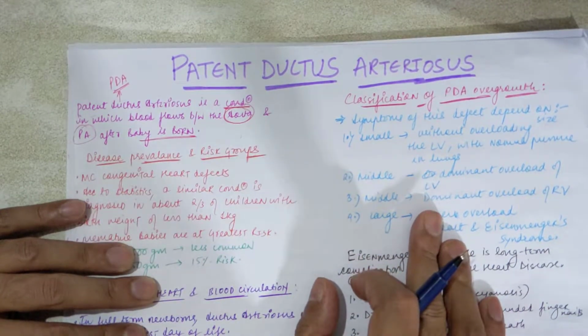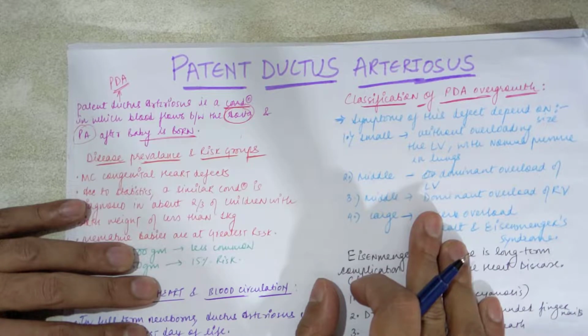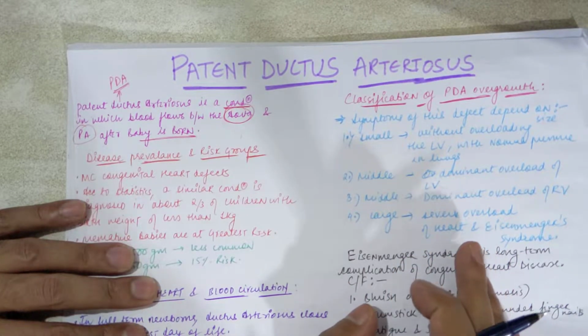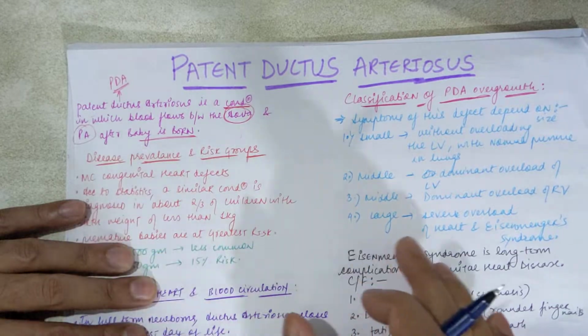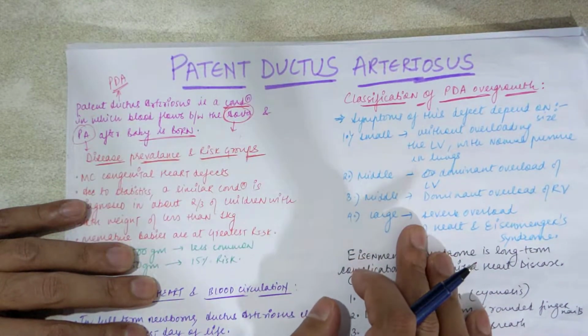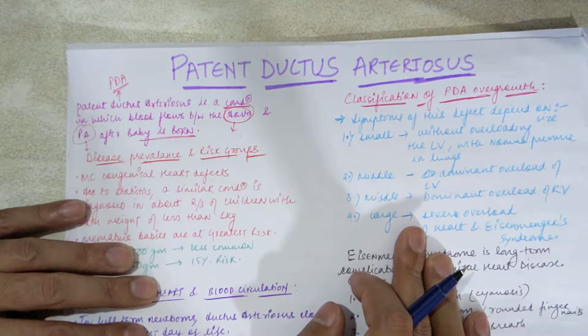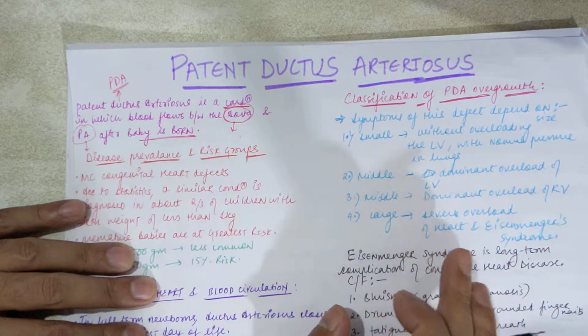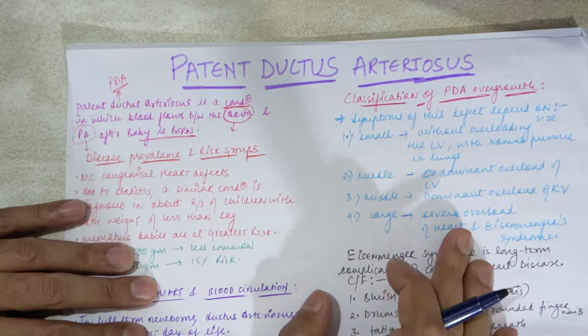Normally, before the baby is born, this duct is open for the circulation, but as soon as the baby is delivered, within the first few days, this connection between the aorta and pulmonary artery closes in normal patients. If it does not close after the baby is born, that condition is called patent ductus arteriosus.